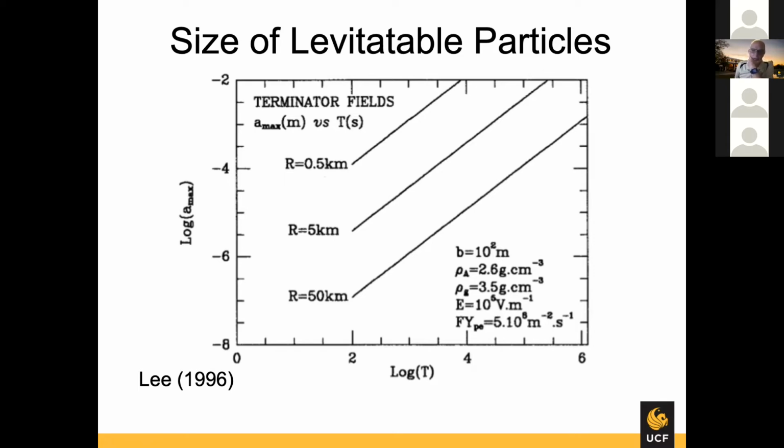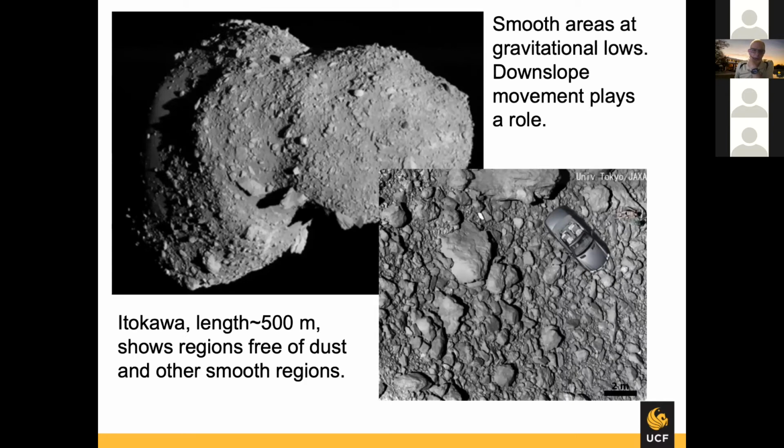And then, of course, not too much later, we started getting some amazing spacecraft images of the surfaces of small asteroids. Here's Itokawa, that's in that sort of 0.5 kilometer range.